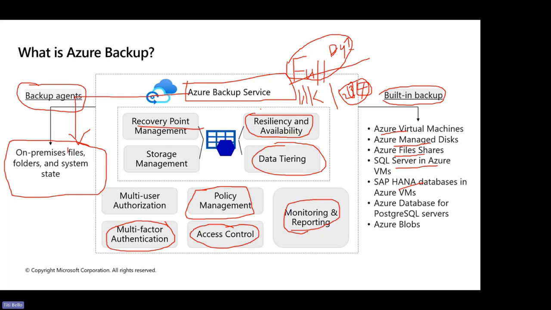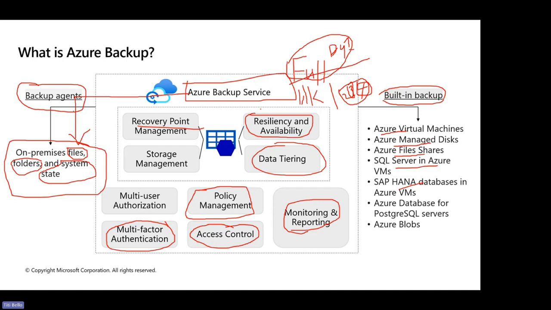Maybe you have a file server on-prem, or a SQL server on-prem, or you want to back up your domain controller, your Active Directory. You want to back up what we call the system state. If you back up the system state of a machine, when that machine crashes, you just need to bring up another machine, install the same operating system, and restore the state to the previous state of the former server, and you start working again.